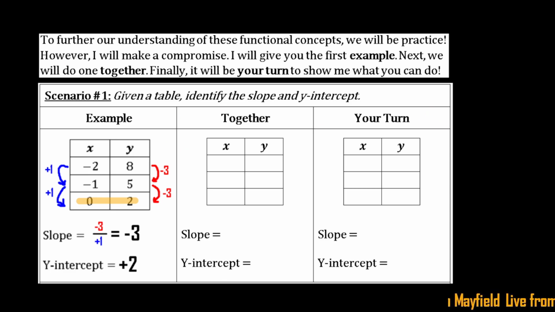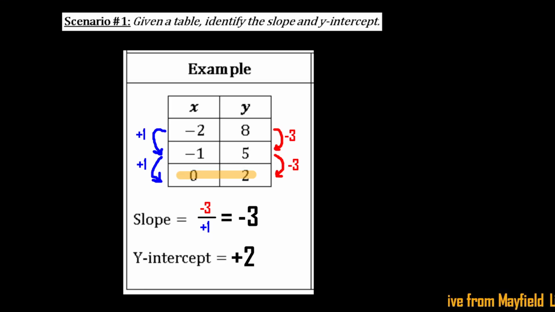In the first scenario, it says, given a table, identify the slope and y-intercept. With your table, it has the x values on the left and your y values on the right. If it's a horizontal table, it would have your x on top and your y on bottom.